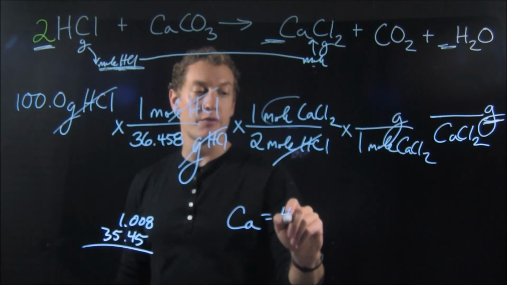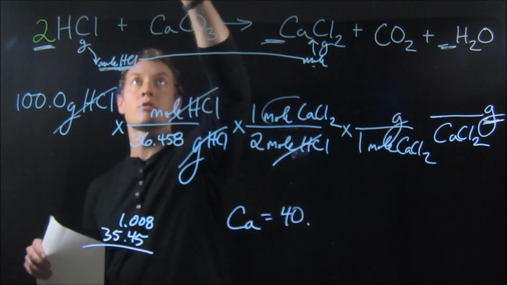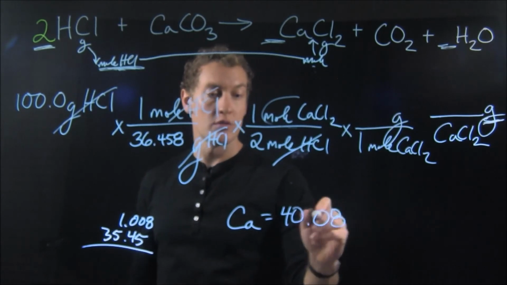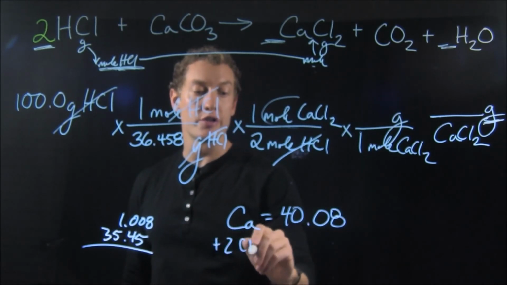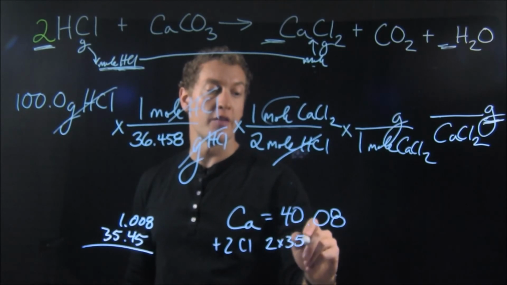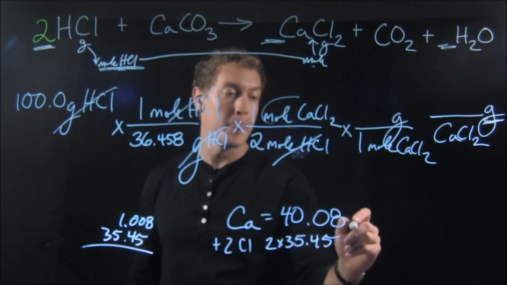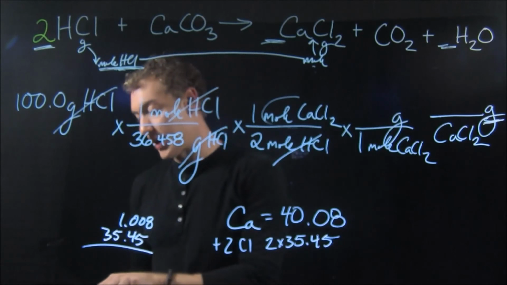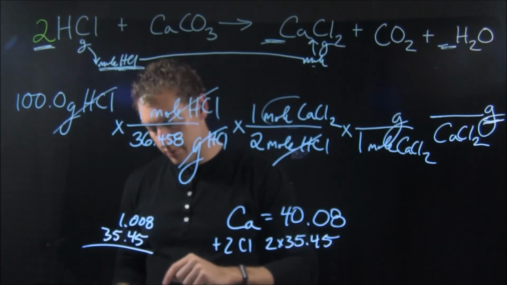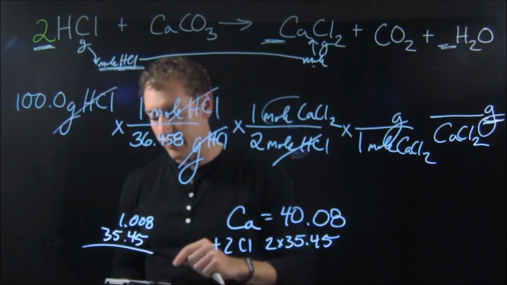Ca is 40.08 plus 2 chlorines. So that'll be 2 times 35.45. Punch that into a calculator. 40.08 plus 35.45 plus 35.45.